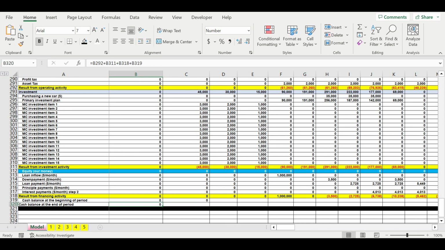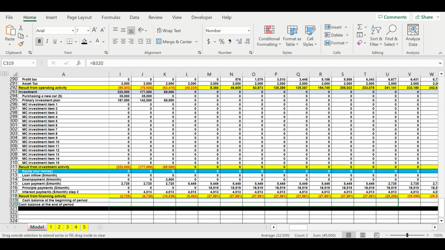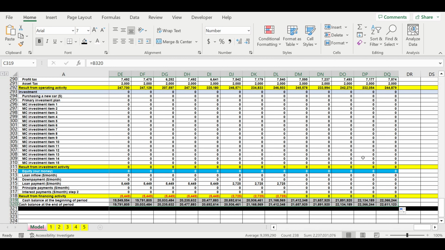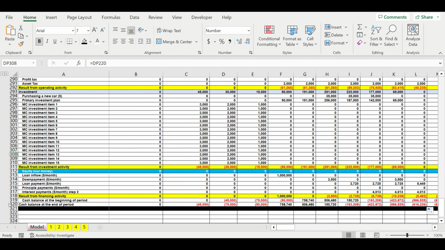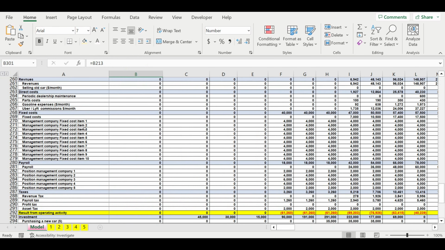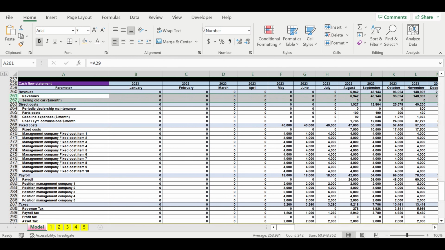This cell we are extrapolating to the right, so the formula will be operating investment financing plus the beginning cash, and now we will just extrapolate this formula to the right. So now we are done with our cash flow. We can hide these lines.